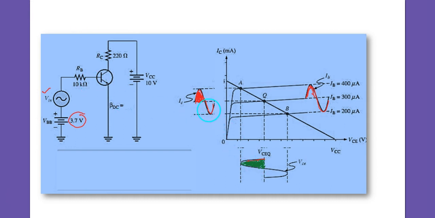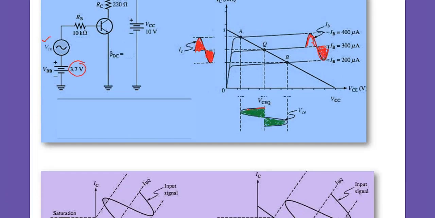Then with this part of the collector current, the negative part, because the base current is negative, meaning decreased, the collector current is the other way around, it is increased. So for faithful reproduction of the signal, there is no distortion if the Q point lies at the center of the load line.